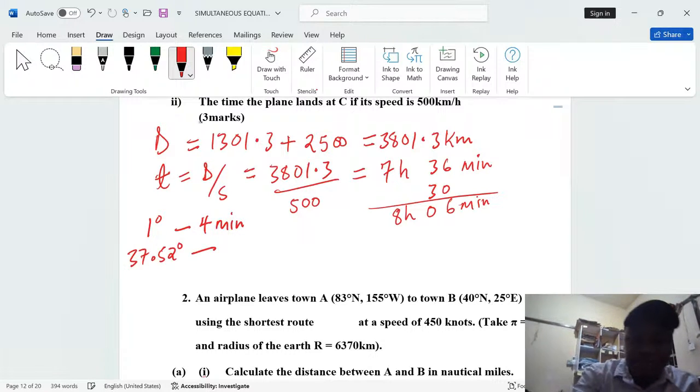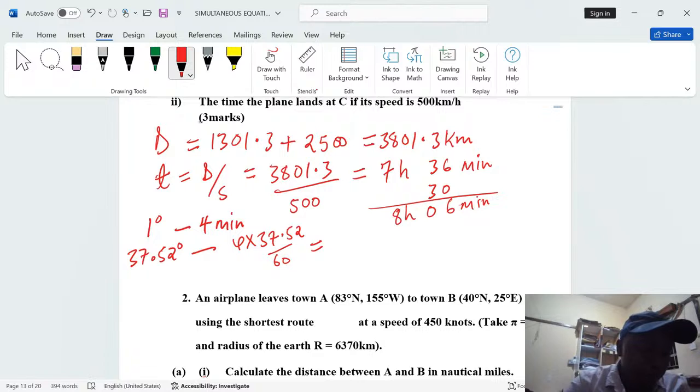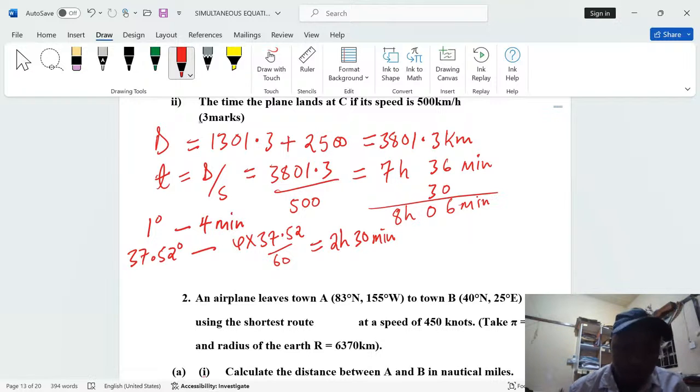This will give us 4 multiplied by 37.52. Those will be minutes. We can now divide by 60 so that we get the time in hours. And this will give us 2.5 hours, which means 2 hours 30 minutes. So initially, C is 2 hours 30 minutes ahead in time.